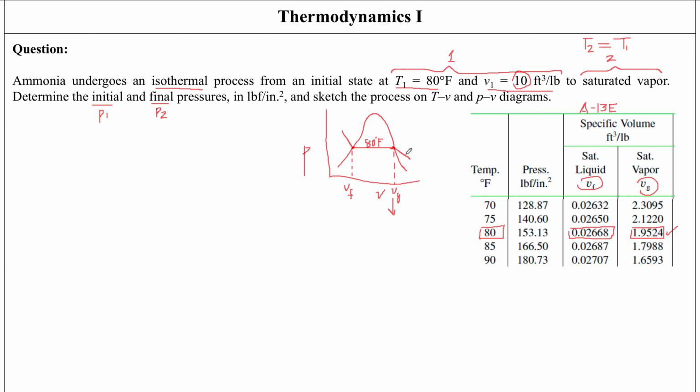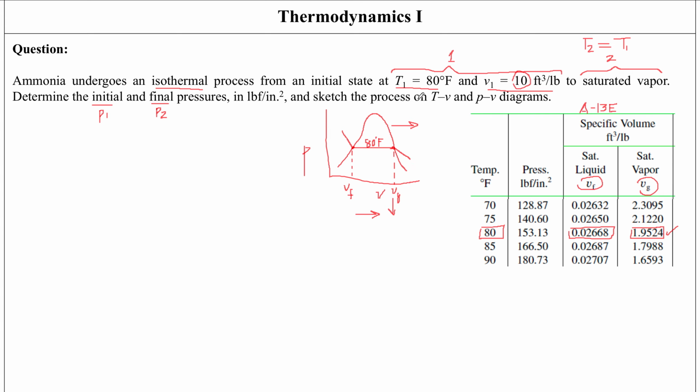So that means that this value is higher than this one. Okay, so what that means is that on this curve, on which side does specific volume increase? It's increasing on this side, right? Because it's 0 at this point, so it's going to be increasing at this side. That means you got your ammonia somewhere to the right side of this dome.